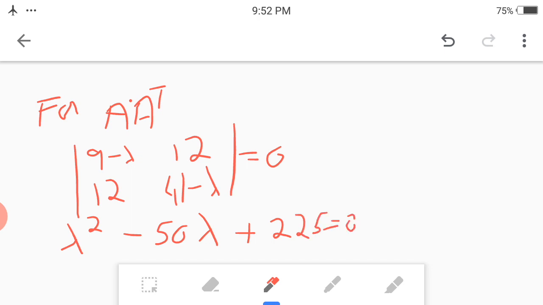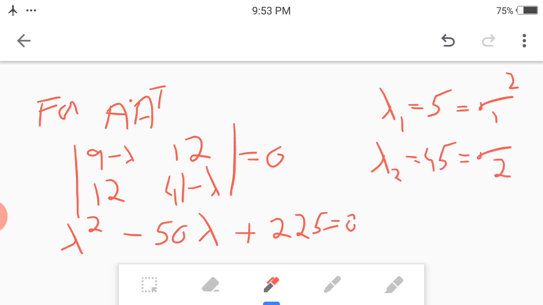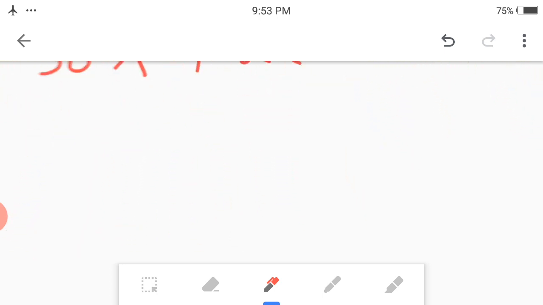So again, what is your lambda 1? It's 5. That is nothing but your sigma 1 square. Lambda 2 is 45. That's your sigma 2 square. So we have observed the sigma 1 square, sigma 2 square values remain same irrespective of which matrix you choose.